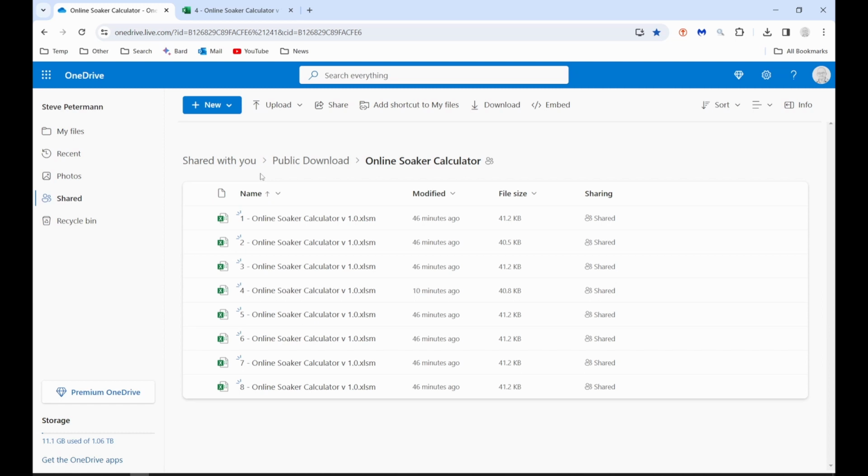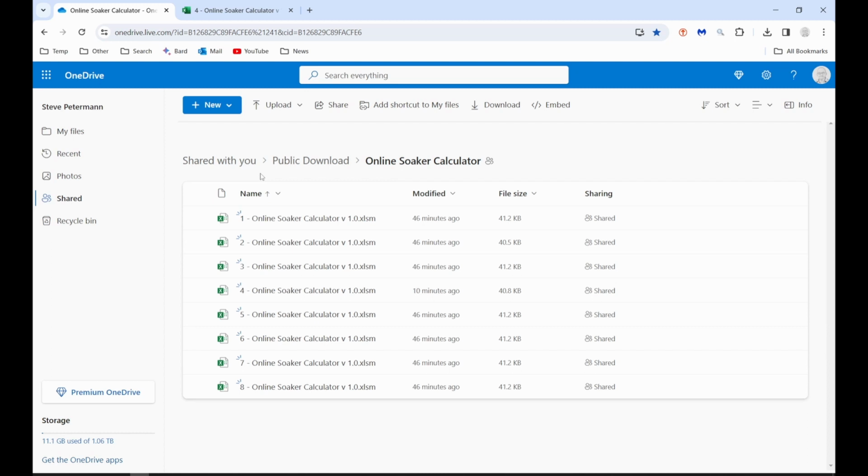Now, in order to access this folder, you'll need a Microsoft account. They're free to get, and you more than likely already have one anyway. If you use Outlook for email or Hotmail, or if you have a Windows computer, or use another application like Word or PowerPoint, then you probably already have a Microsoft account, and you can use your email address for that account to access this.